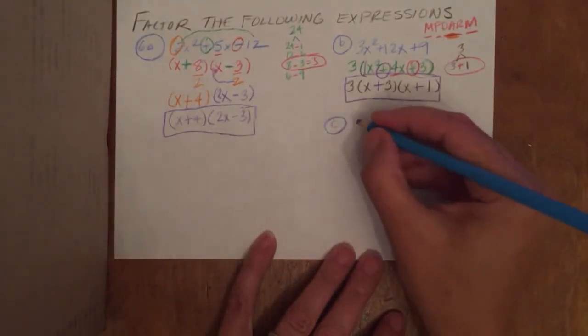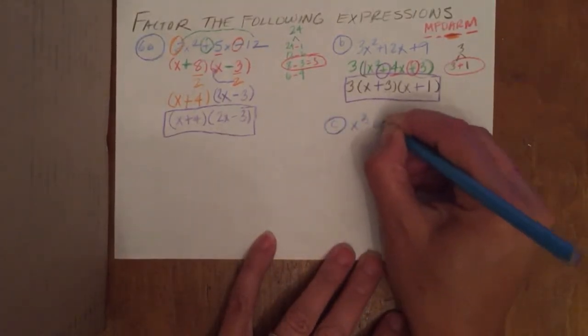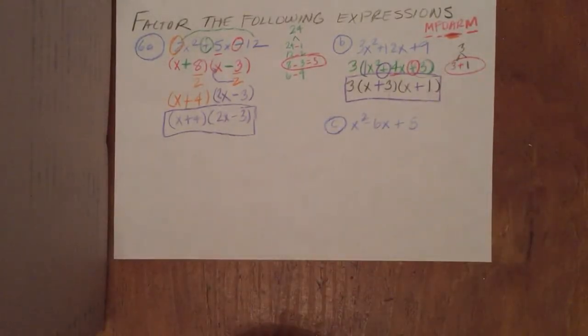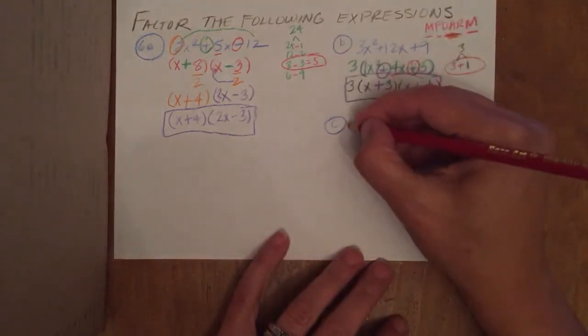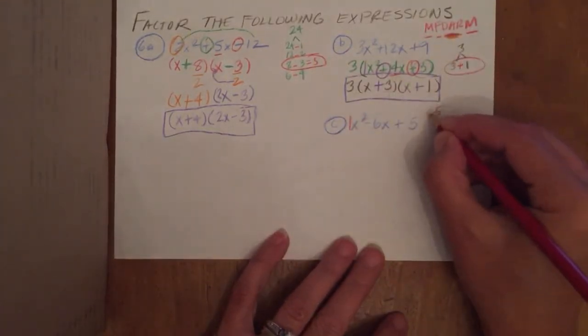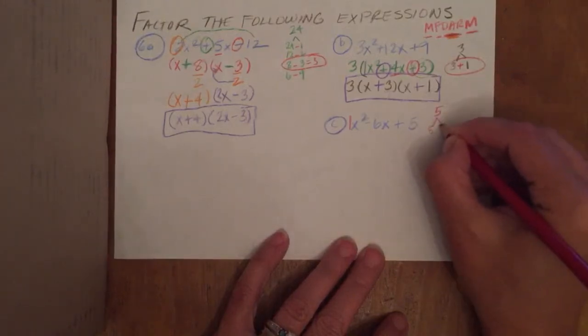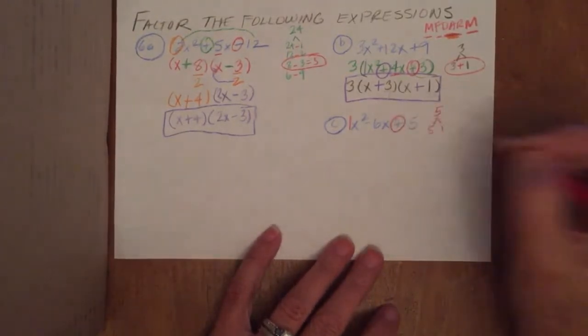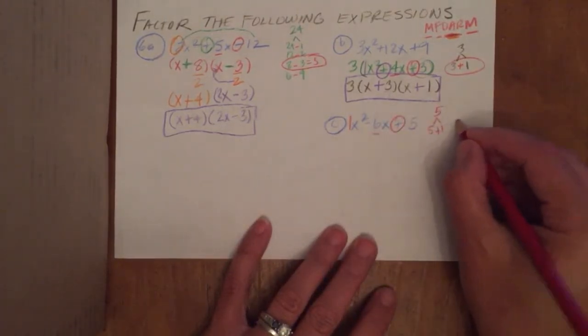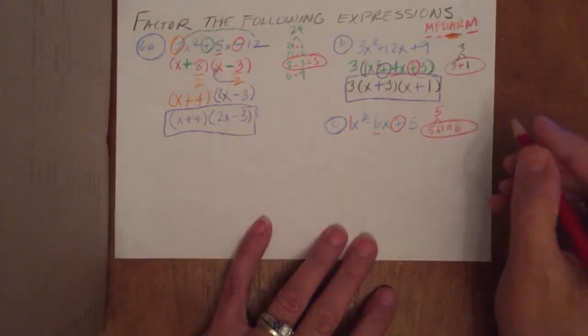And C is x squared minus 6x plus 5. Once again, in this one, our A term is 1, so we don't have to do all the MFDARM. We can just start by factoring the 5, which is our C term. 5 and 1 are our only options. I'm looking for two factors of 5 that add to give me 6. Well, the only two I have are the only two that work.